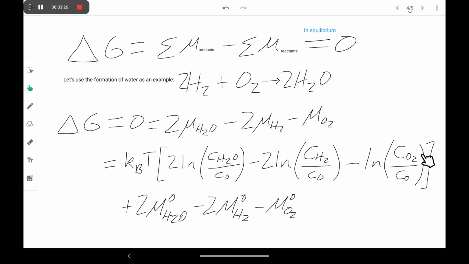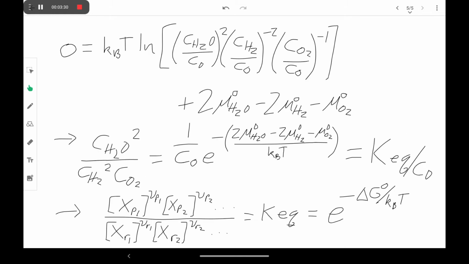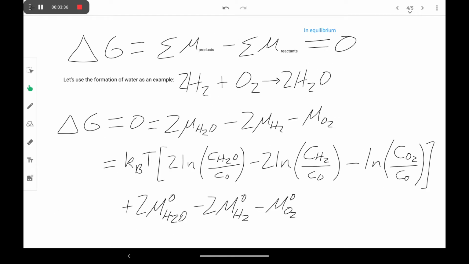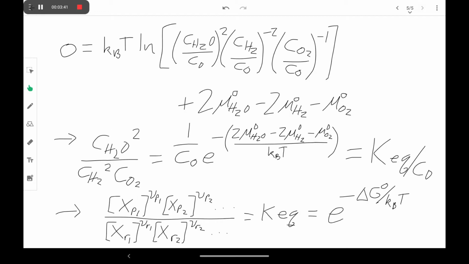Minus 1 goes up here. Then I've combined them all to create this, and I've just carried over that second term, this term right here. Now this is all equal to 0.